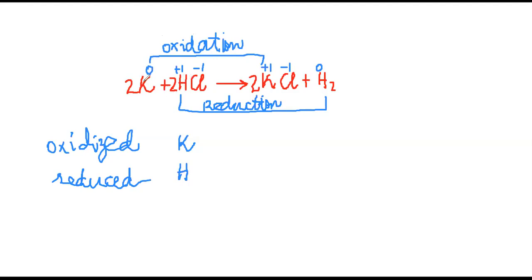So potassium is responsible for the reduction of hydrogen ion, and hydrogen ion is responsible for the oxidation of potassium. So that element which is responsible for the reduction of another element, another compound or another species, is known as a reducing agent.